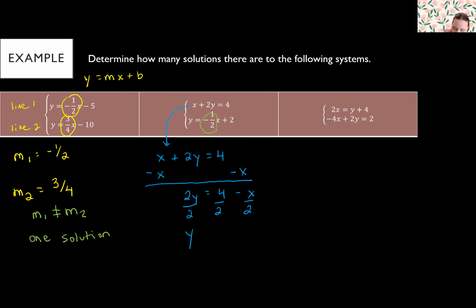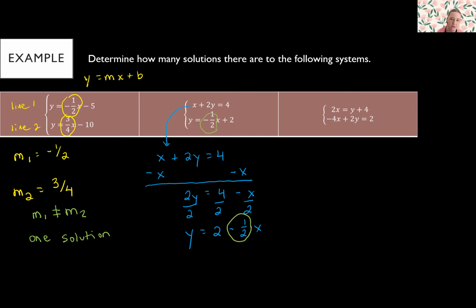And we get y is equal to 2 minus 1/2 x. So our slope is the number that's in front of our x. So we have a slope of -1/2.